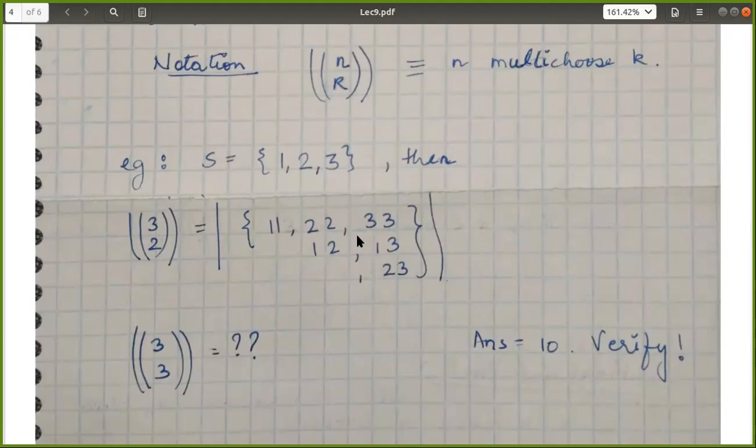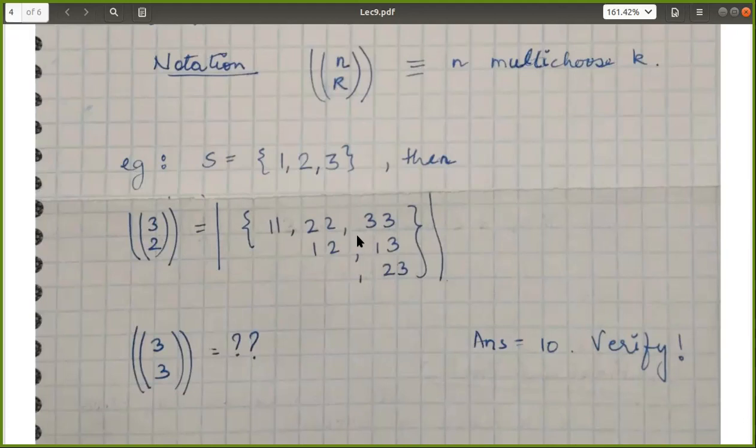So I got 4 numbers. And then I would have to consider the cases where one digit occurs twice and the other digit occurs once. That can happen in 6 ways, because I can choose the digit which occurs twice in 3 ways, and then I can choose the other digit in 2 ways.